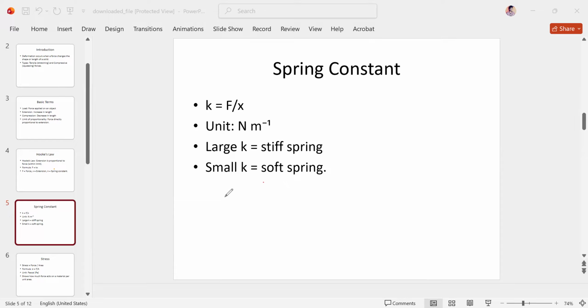If the body is large, then the spring is stiff, meaning heavy, loaded, and we need more force to change its shape. It is in Newton per meter. If it is small, then it is a soft spring, and we need a small force to change its shape.